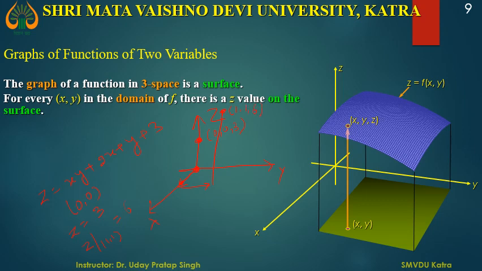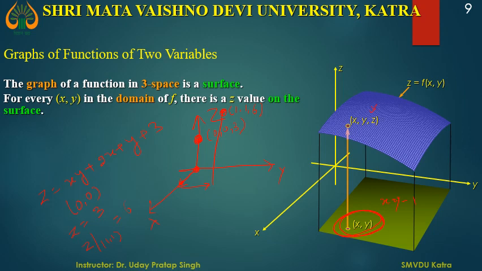In this way, locate all these points. First, this point is this, second is this, similarly many other points. Then for every value of xy in the xy plane, we will find a corresponding value of z, right? For every xy, we find z. Then see, what is this xy?